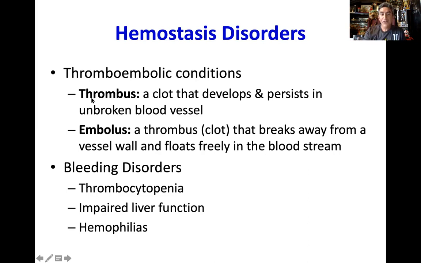Right? Worse is when we have an embolus. This is when a thrombus, or an embolism, is where the thrombus breaks, detaches from the wall, and then travels, circulates in the body. So why is this bad? Because not all vessels are the same diameter. There's some thick vessels with big diameter lumens. There's some really tiny capillaries.